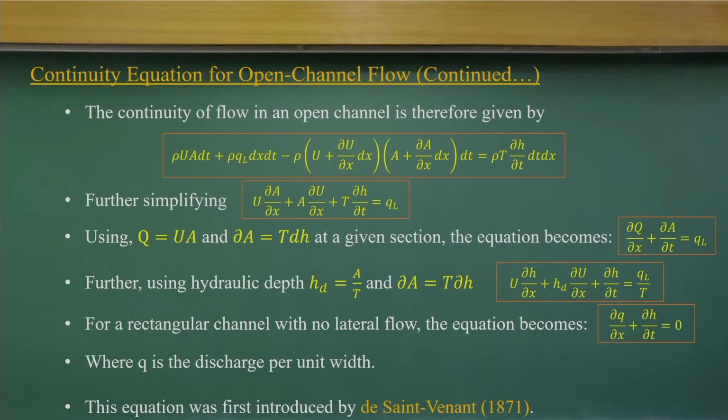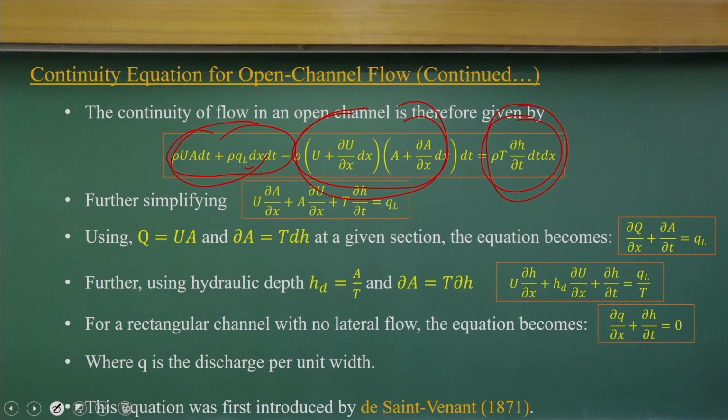So, the influx part, the outflux part, and the net change of the mass within this control volume, which is the open channel control volume with lateral flow of QL per unit length. So you can look at these equations, which is just a mass conservation equation of influx, outflux and change in the mass within the control volume.